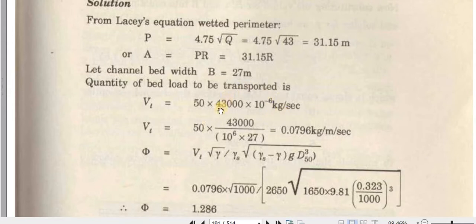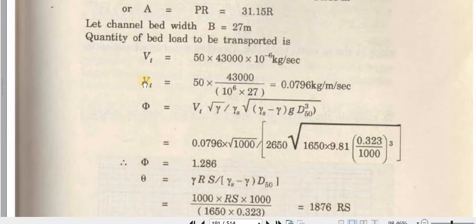When multiplied with discharge 43 into 1000, this is now 43,000 liter per second. Liter will be cancelled with liter, it will be in kilogram per second. Now divide it with the width of the channel, 27 meter, it will be kilogram per meter per second. Now it is 0.0796.